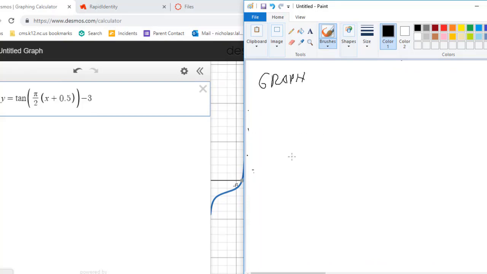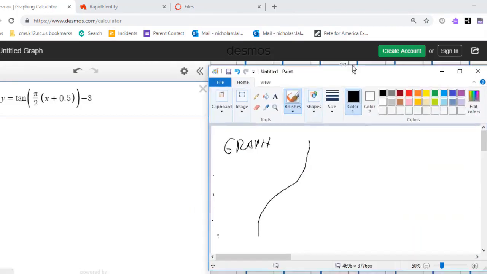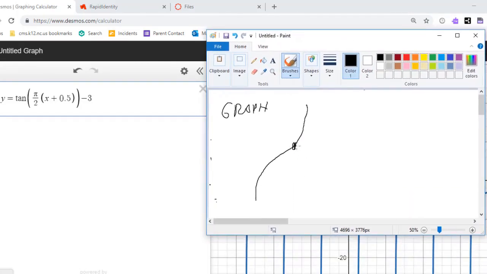You're drawing the tangent function, and your x-intercept is 0.2950. You have your point 0.2950, and essentially label all the key features that you can, find all the key features that you can, and match it up with your multiple choice question. If you can do that, you should be good to go.